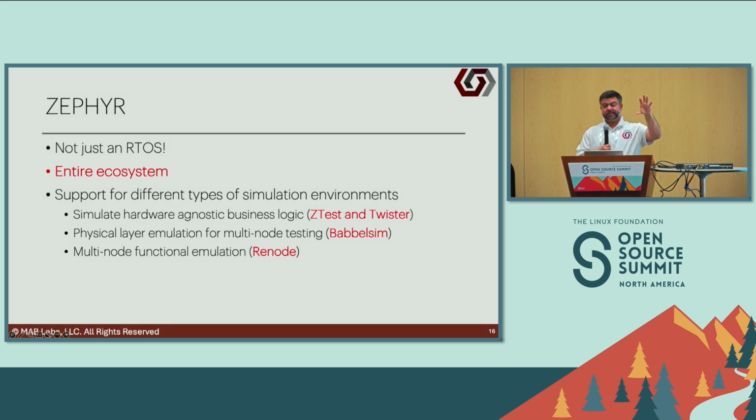It encourages you to design your software so that this is my business logic, strictly just C code, whether it's a state machine or other logic that I have. Z-test and Twister encourage you to write your application so that you can start unit testing your different modules independent of hardware. It just runs as a binary executable on your x86 machine.